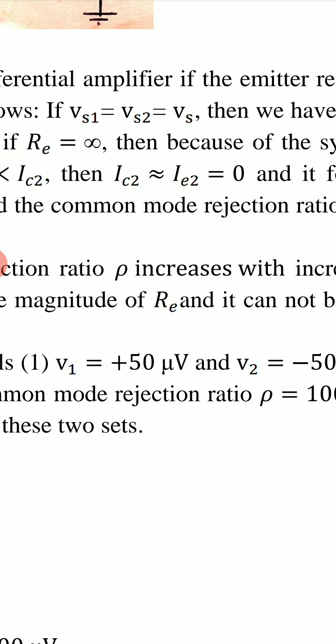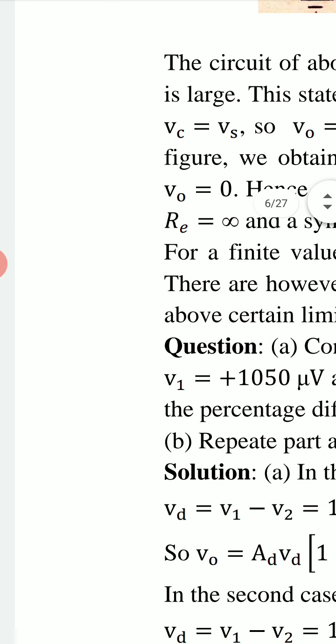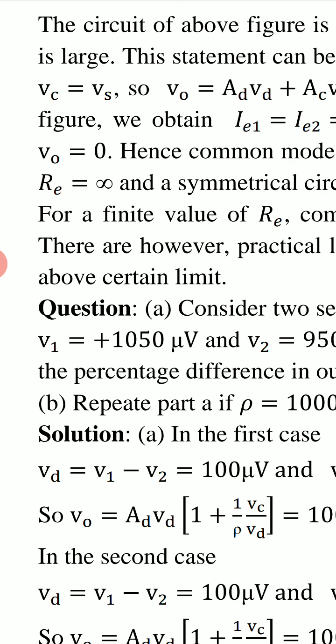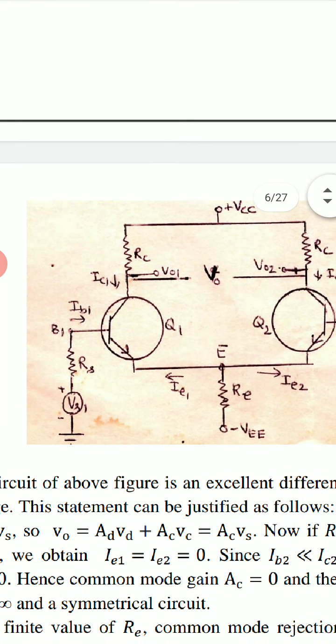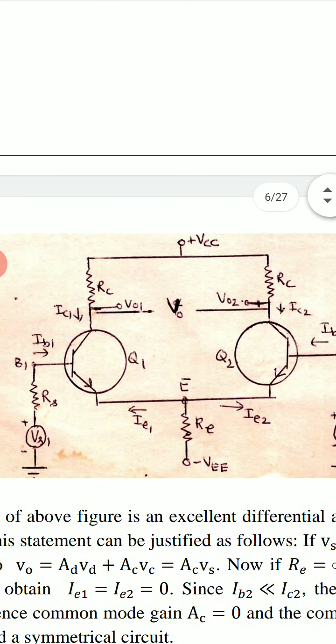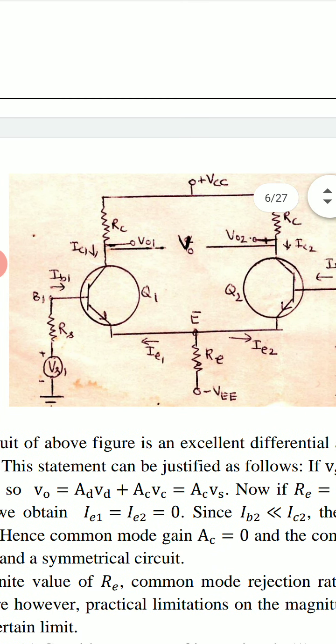We cannot increase the value of Re up to any limit. There are certain limitations, and it cannot be increased above a certain limit. So for an ideal differential amplifier, we keep the emitter resistance Re as large as possible, which keeps the common mode rejection ratio rho very large.